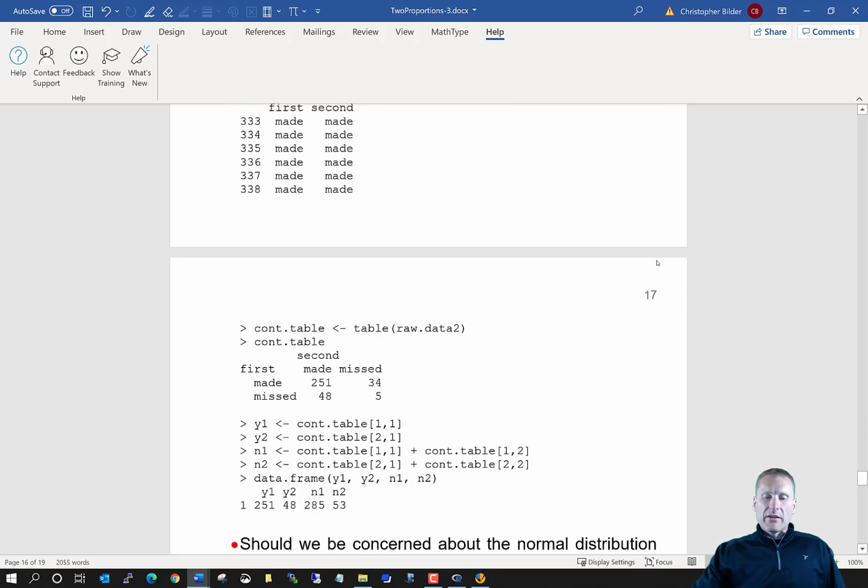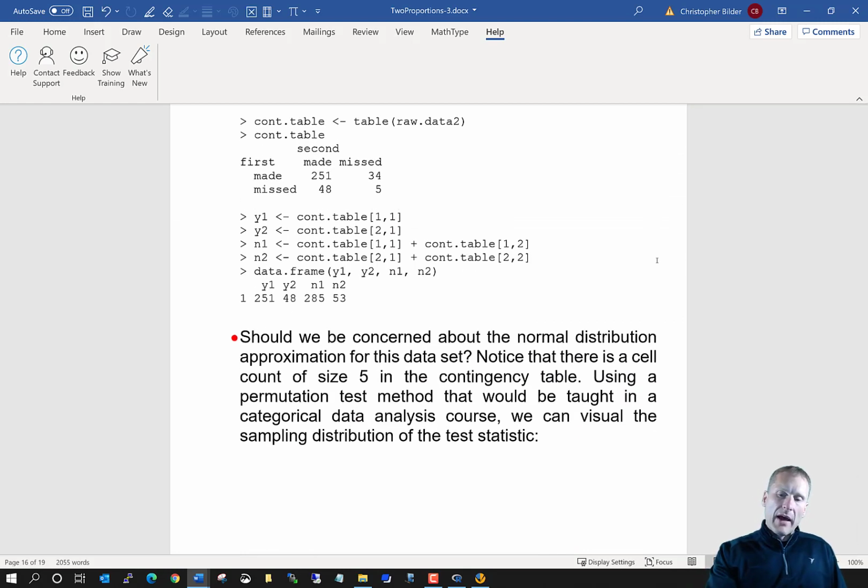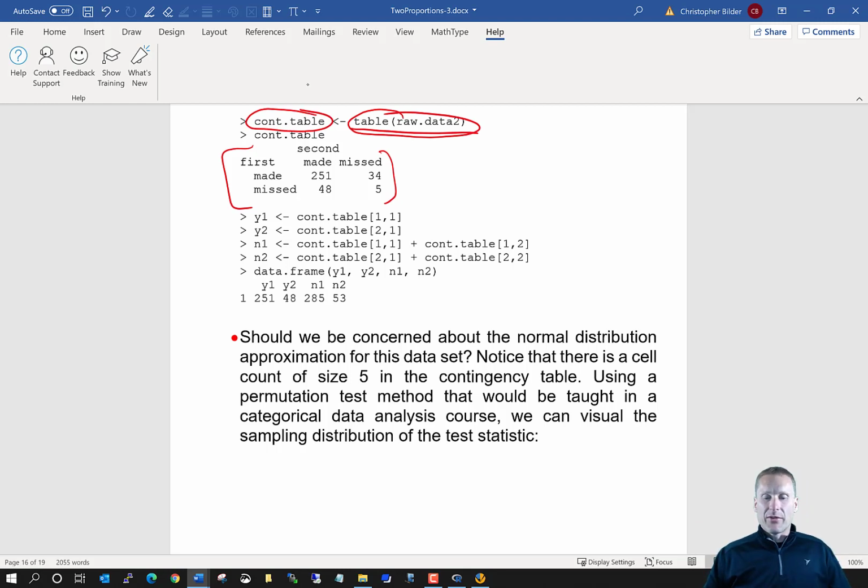And so maybe our data is constructed that way. Well, when that happens, you can go back to using that table function with it to actually find the contingency table. And so now I have all those cell counts, and I can proceed in the same way as I've done before. If you wanted to make it a little bit fancier, you put the results from table into an object called cont.table, for the lack of a better name.